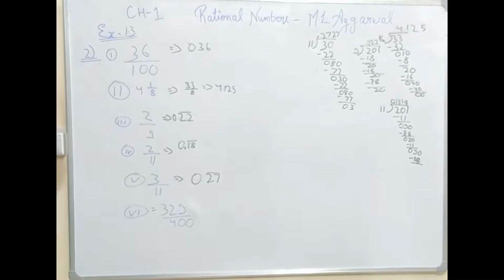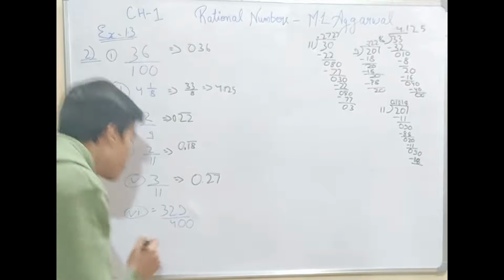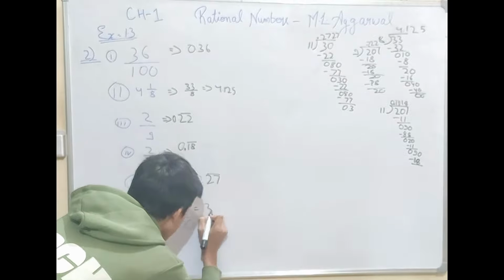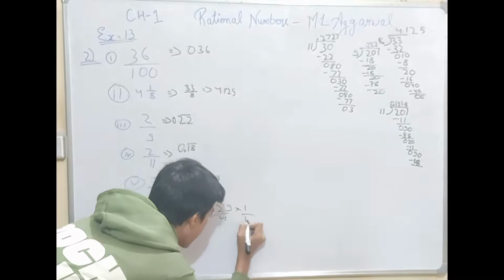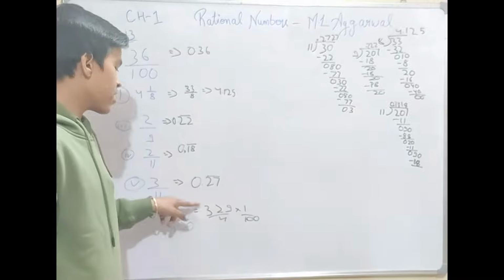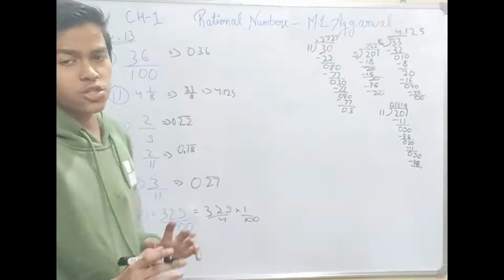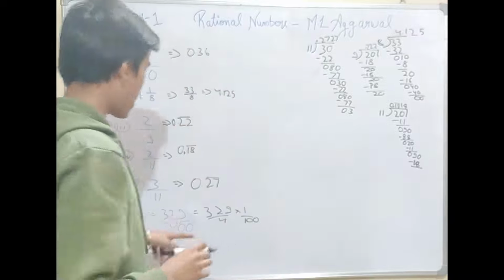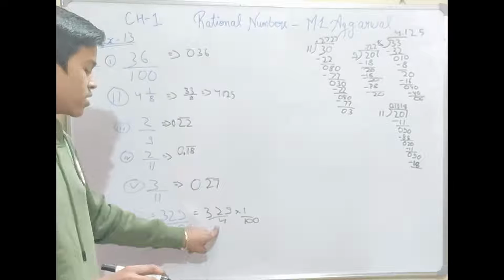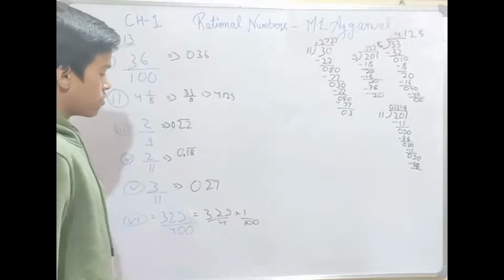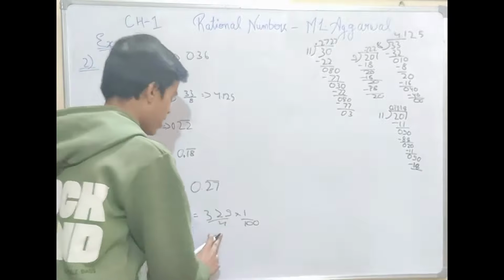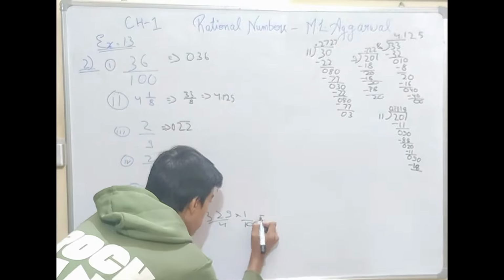Okay, so it is a big calculation though, so I will just write it as 329 upon 4 into 1 upon 100. And now, just to make our calculation easy, I will take out 329 by 4, and then I will shift the decimal by 2 more places. So 329 by 4, I can do it like this also.